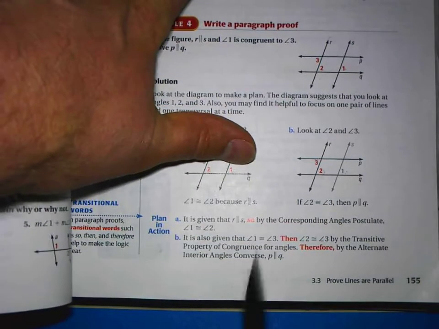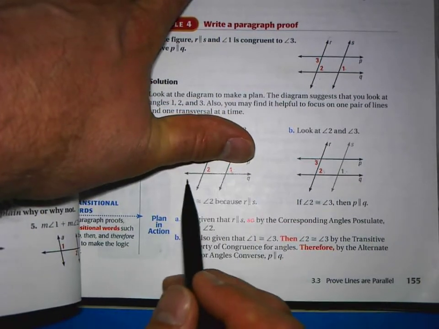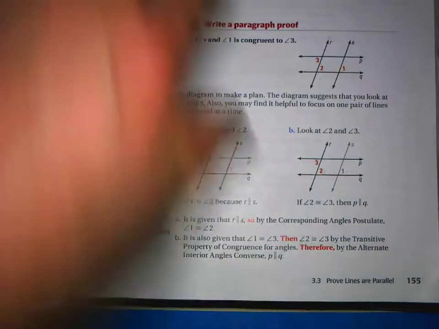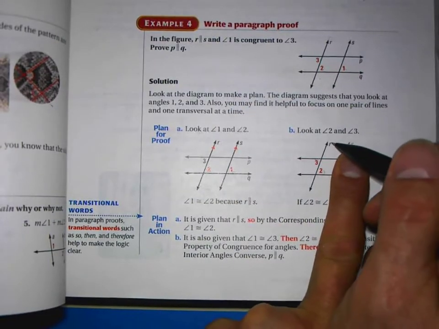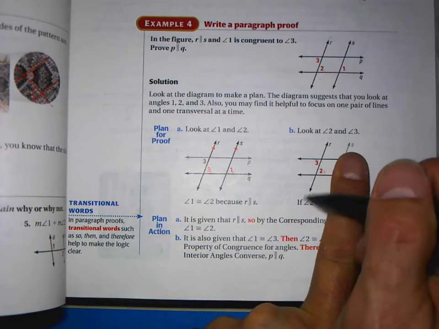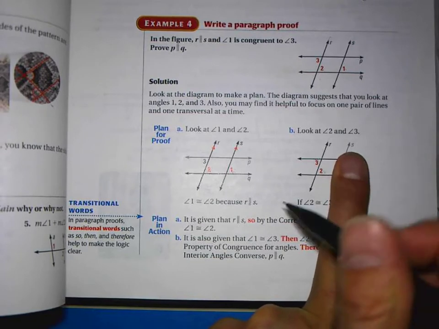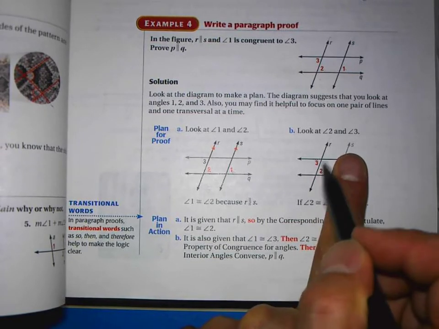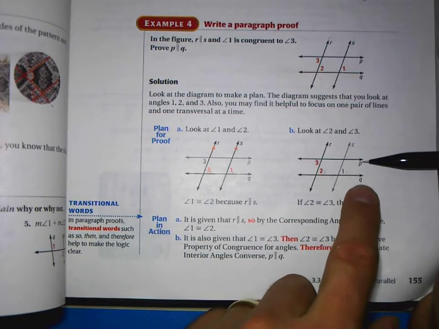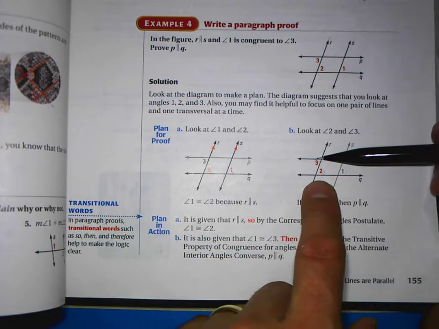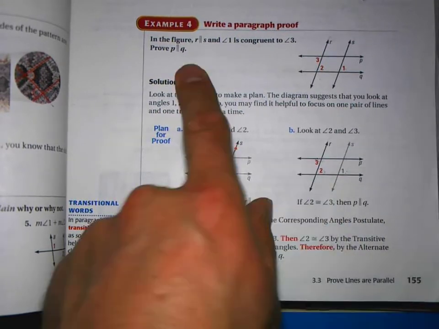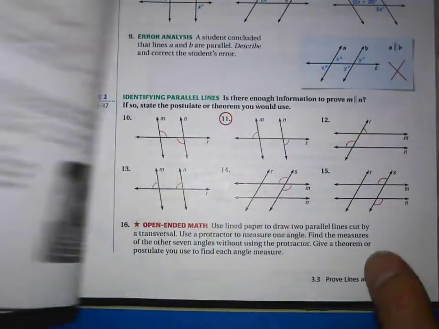Remember before, this line Q was our transversal, but now we're looking at line R as our transversal. And with alternate interior angles being congruent, that proves to us that these horizontal lines P and Q are parallel to each other. And that's what they wanted us to be able to do.